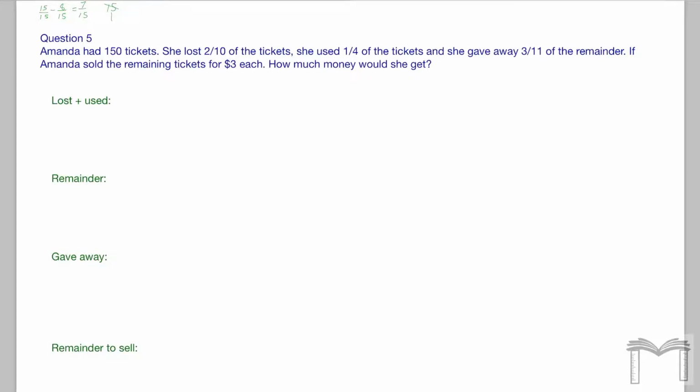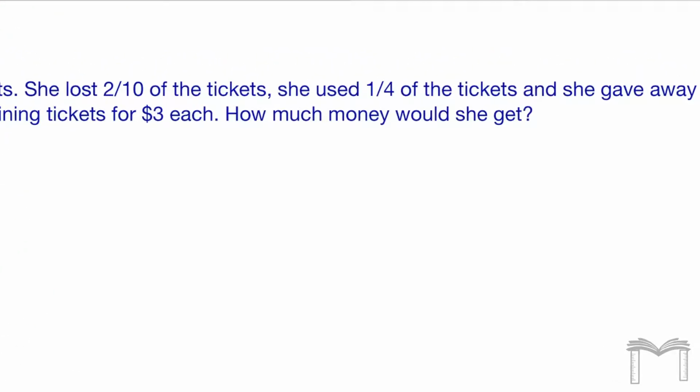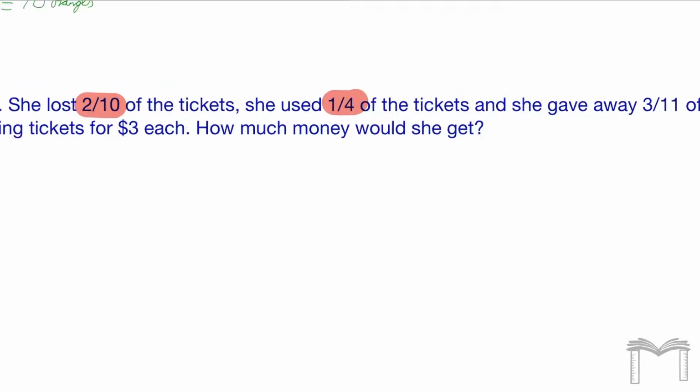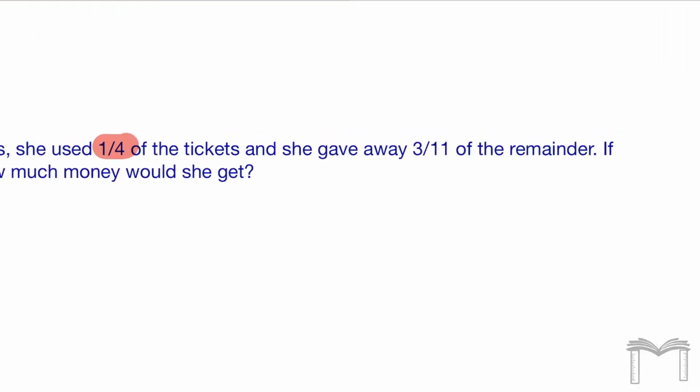If Amanda sold the remaining tickets for $3 each, how much money would she get? So we are saying that she lost a fraction and she used a fraction. So we're going to add this together so that we can find out what amount she no longer has, and then we can find the remainder.